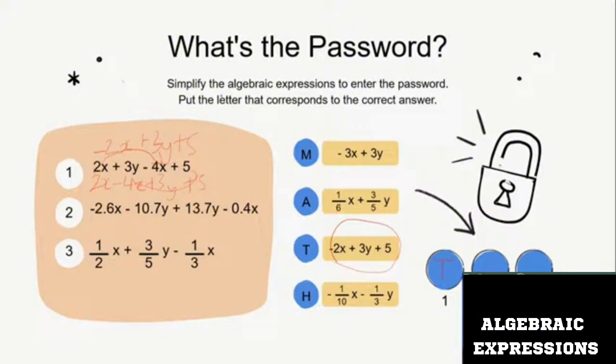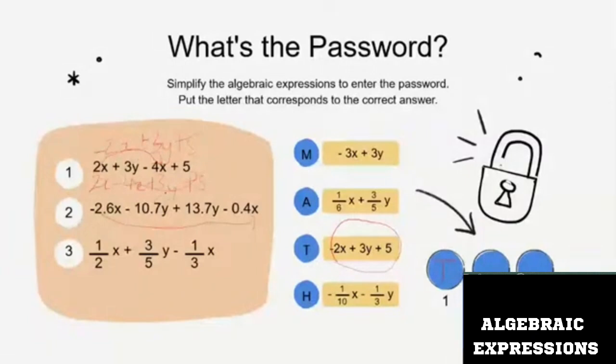Okay, then let's look at the other one. Minus 2.6x minus 10.7y plus 13.7y minus 0.4x. So in this one, you bring the like terms together: minus 2.6x minus 0.4x.